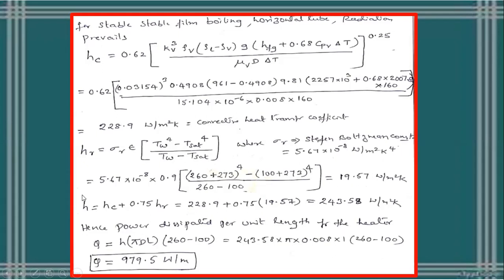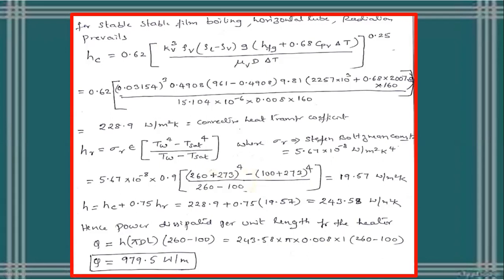Then using that, in this expression you get the average heat transfer coefficient. Then to find the power dissipated, Q is equal to, as we know for convective heat transfer, h A delta T, h into A. Since it is a circular cylinder, we take pi d L as the surface area.